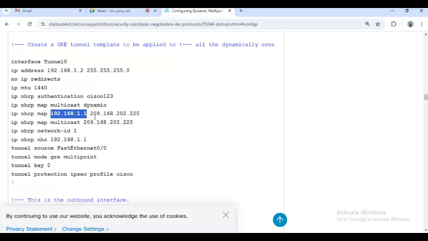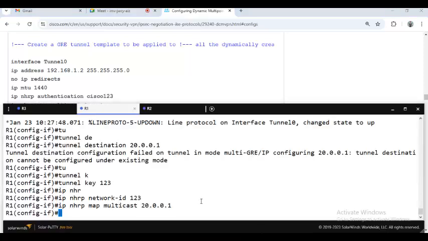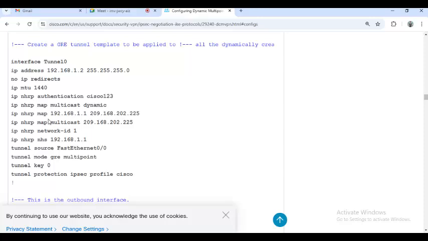And the private IP address of the hub, to which we need to negotiate and form tunnels so that encapsulation and decapsulation can happen. That command is IP NHRP map, same as multicast, but instead of saying multicast, you say to this private IP address, this is the public IP address. So there are two map commands in this version of the operating system, whereas in the other version you don't have two map commands.